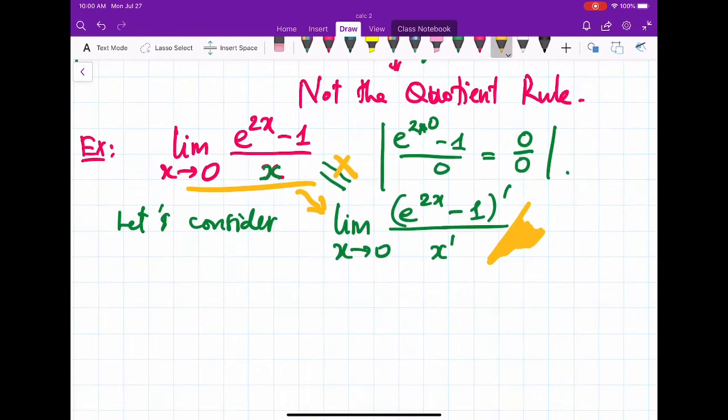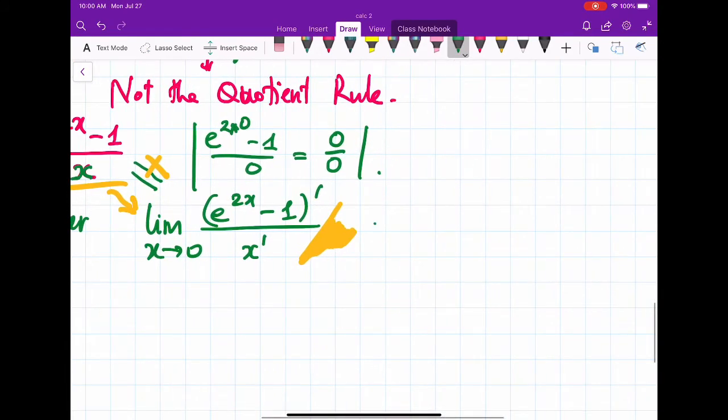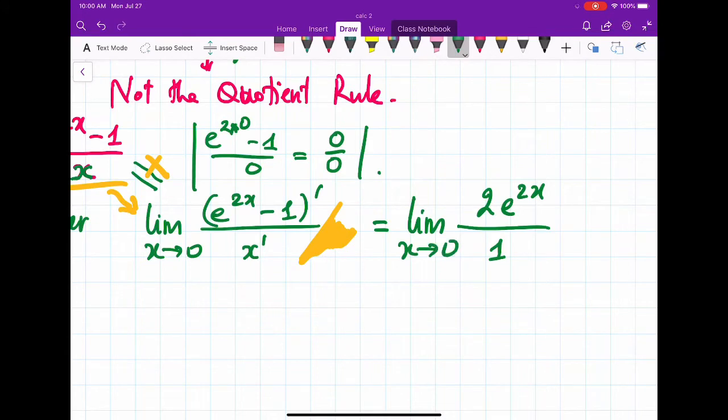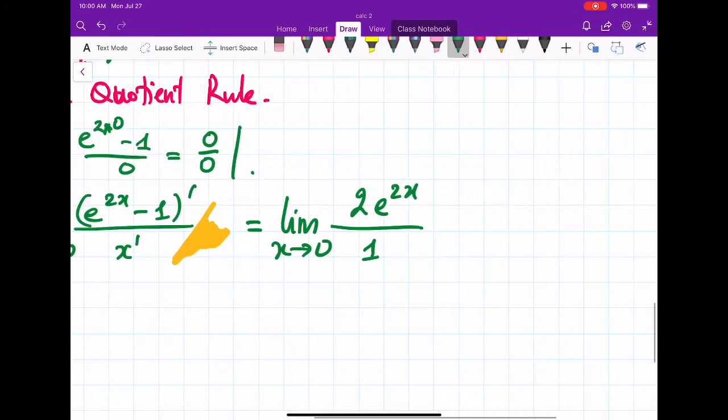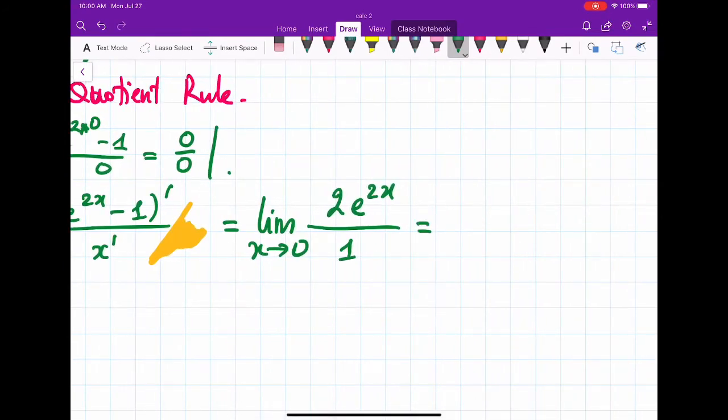That is a common mistake I used to see. So I differentiate this, and on the top I have 2 times e^(2x). We use the chain rule. In here I have 1, right? When x approaches 0, now everything is good. I plug 0 into the function. I get 2e^0, which is just 2.